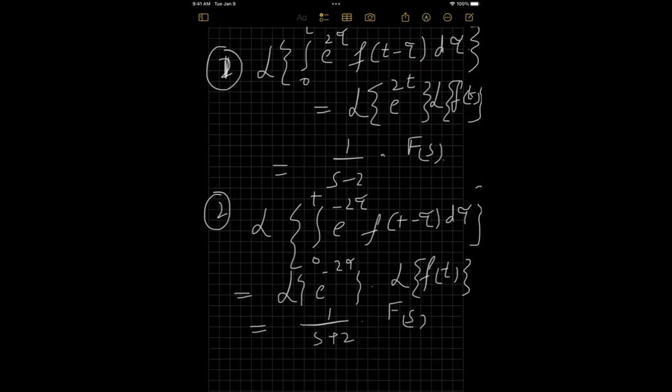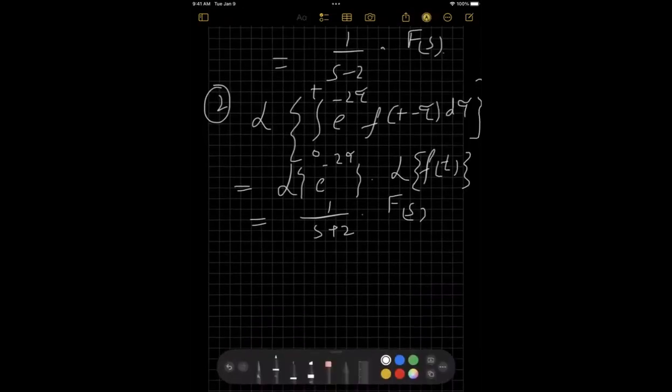So now we have solved the four parts and we have solved the equation by taking Laplace. We can write it as 1 over s minus 2 F of s minus 1 over s plus 2 F of s equals 2 over s cube minus F of s.